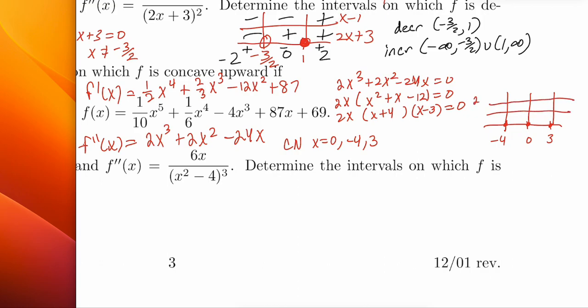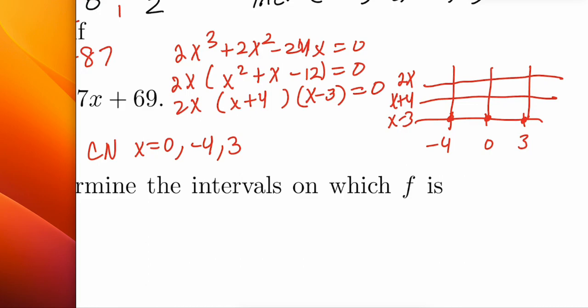I'm going to put 2x here, x plus 4, and x minus 3. Now remember how we do that. We need our test values within the region of the number line. So let's just go -5, -1, +1, and 4.